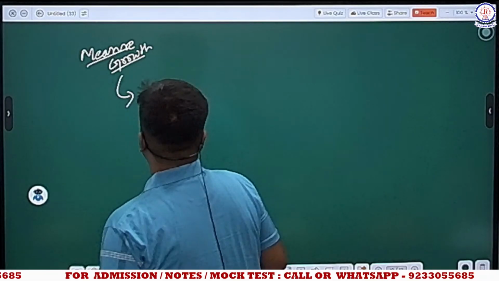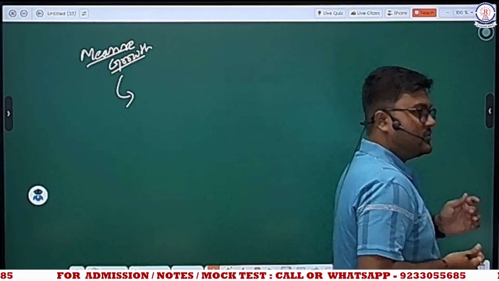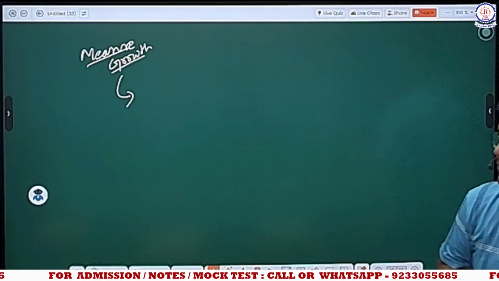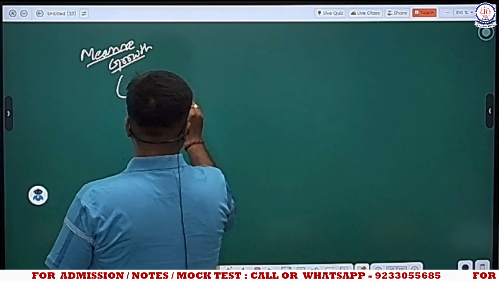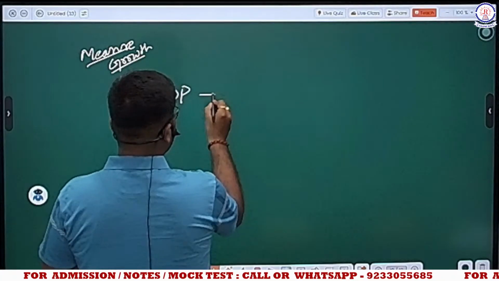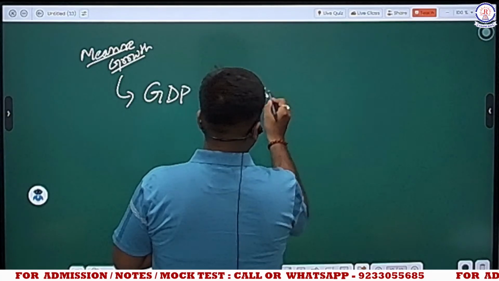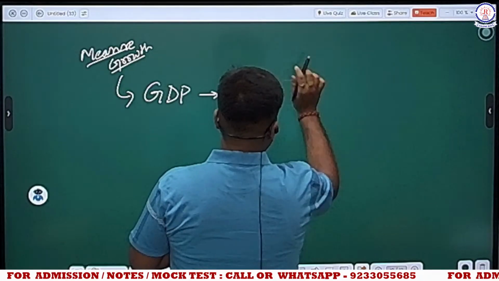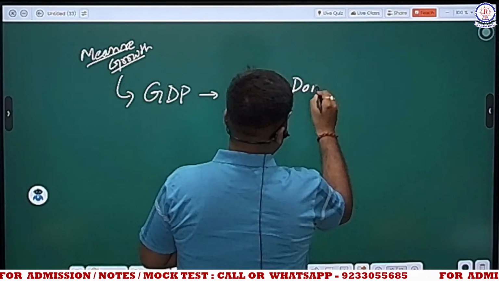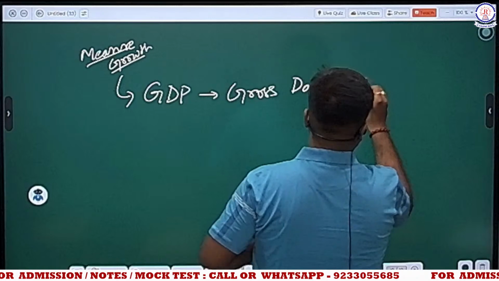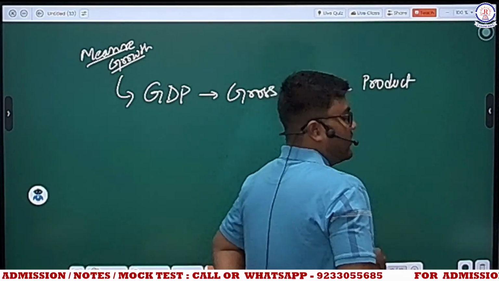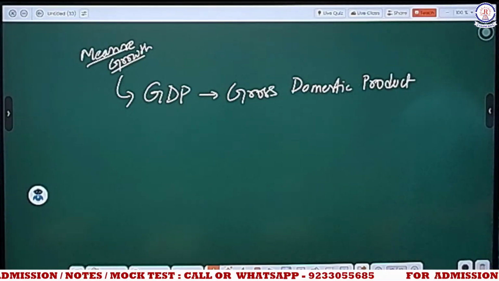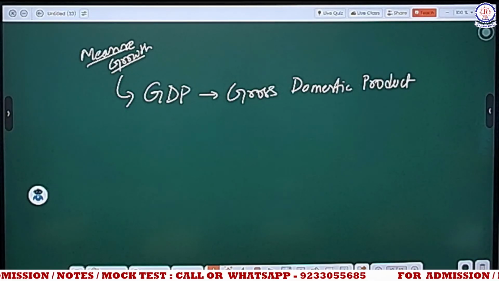Now, the best indicator, or not the best, actually the most popular indicator to measure growth is known as GDP. Now, what is GDP? This is the full form. Okay. Now define GDP.